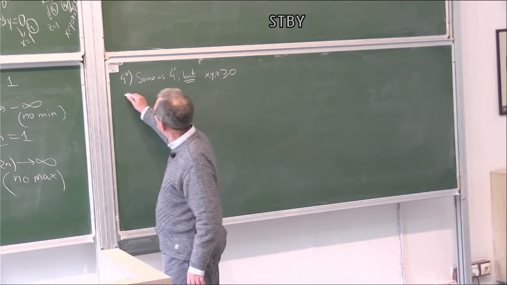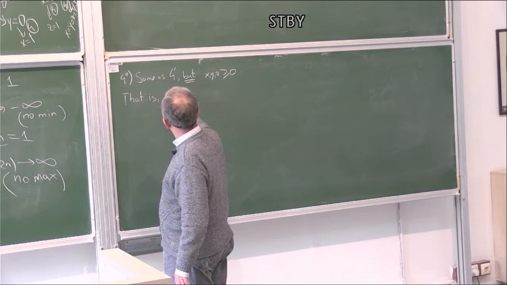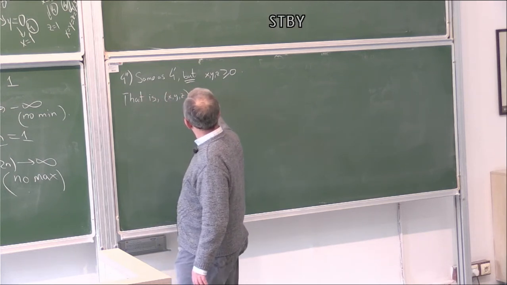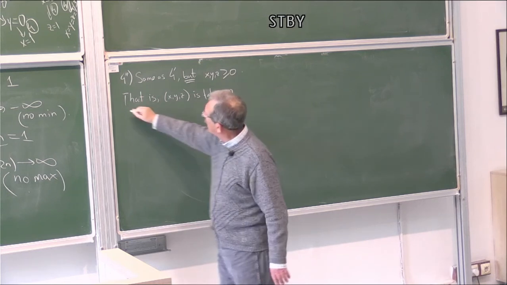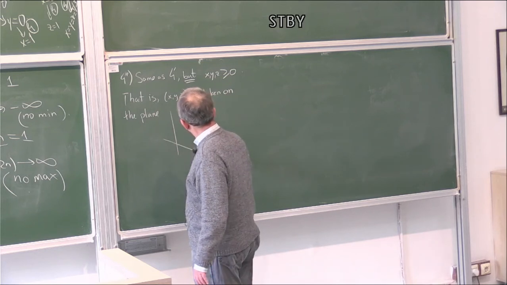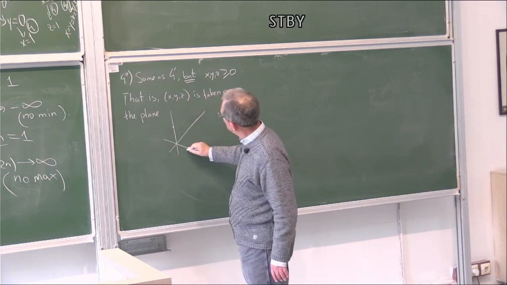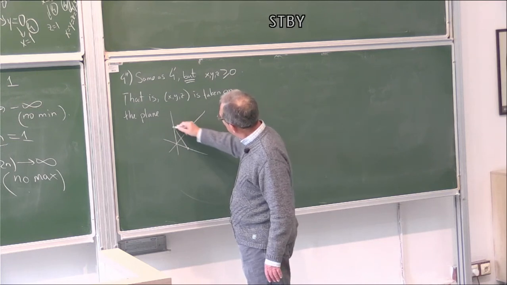So, the point x, y, z is taken on the plane, okay, their sum will be 1.